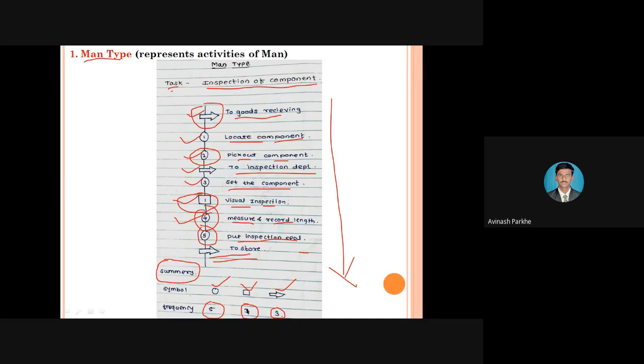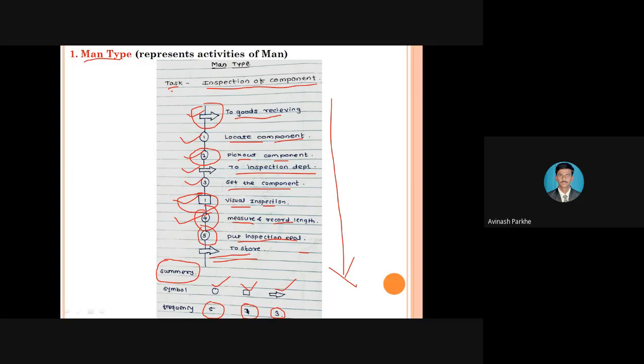All the operations performed by the man are represented by using this chart. All the inspections performed are also represented by using the same chart. All the transports, the man moving from one location to another location, those activities are also represented by using this chart. Therefore this chart is called a man type of flow process chart.